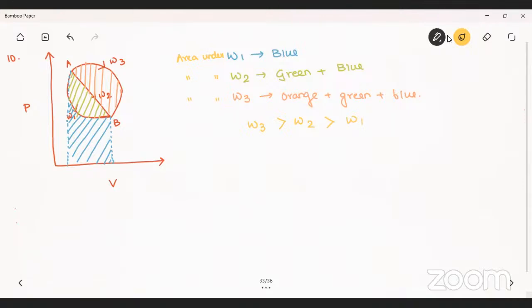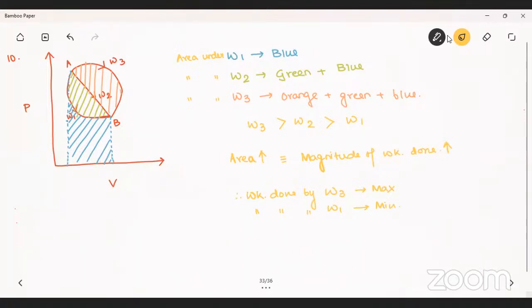So remember, more the area, more will be the magnitude of work done. So work done by W3 will be maximum. Work done by W1 will be minimum.